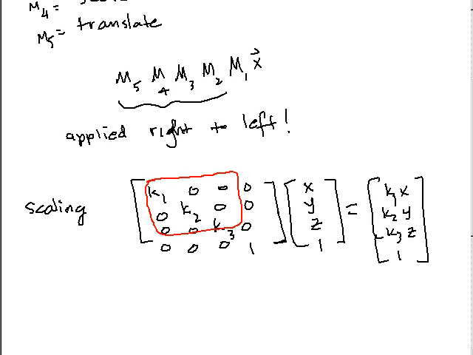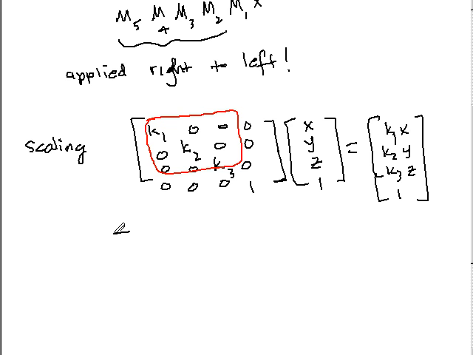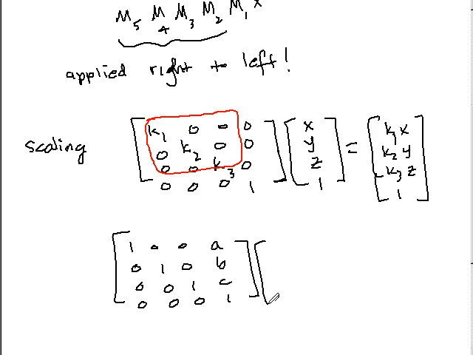Well, translation is very simple also. If you take 1, 0, 0, a, 0, 1, 0, b, 0, 0, 1, c, 0, 0, 0, 1, and multiply that by x, y, z, 1, what do I get?